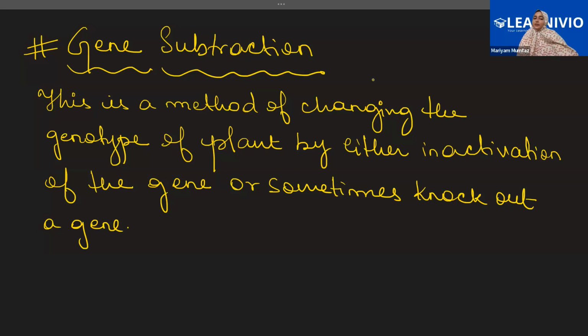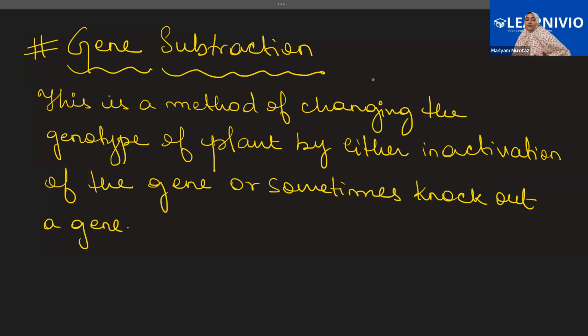Genotype is the genetic makeup of the organism. If I change the genotype of the organism, will it affect the phenotype of the organism? Yes or no? Because the genotype codes for any phenotypic character that the organism has.